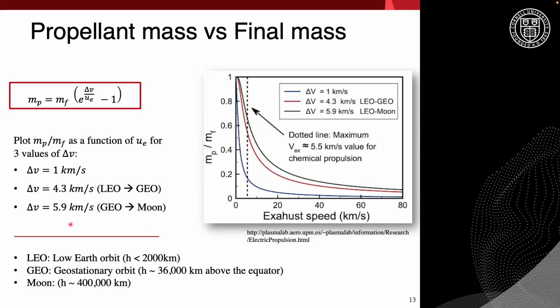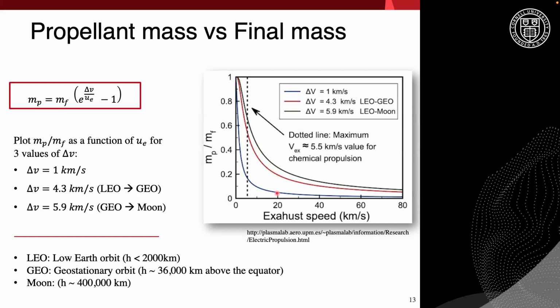So to go from GEO to the moon, we need this amount of delta V. And we can observe an exponential decrease. So the higher the speed of the exhaust gas, the lower the propellant mass we need. For the same exhaust speed, obviously we need more propellant to achieve the highest delta V, 5.9. And then there is 4.3 in red and 1 kilometer per second in blue.